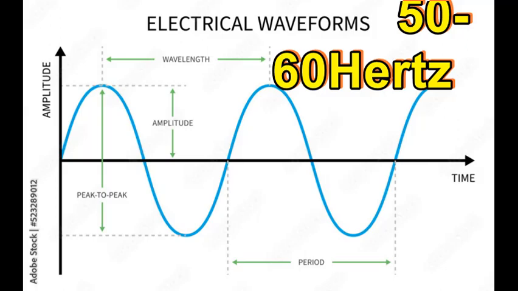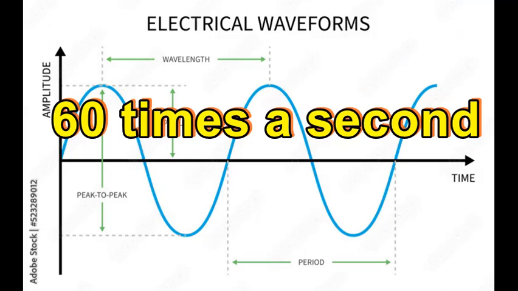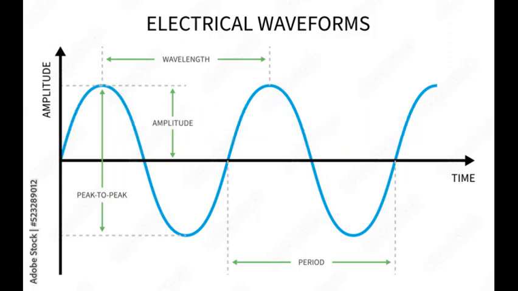So our AC current is 60 Hertz, which means it goes between here and here 60 times in a second. I'm sorry, 60 times a second, in each revolution of the Hertz frequency. So AC current goes from one side to the other in milliseconds, and to us it seems inconceivable. It just seems like constant electricity.